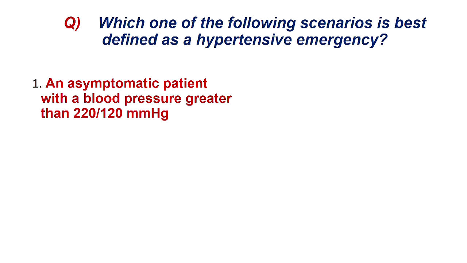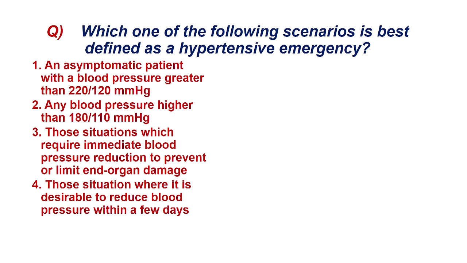However, the correct answer is not even that one. The correct answer actually is 3, which is those situations which require immediate blood pressure reduction to prevent or limit end organ damage. So whoever answered that is correct. And you need to understand the difference between hypertensive emergency and hypertensive urgency.